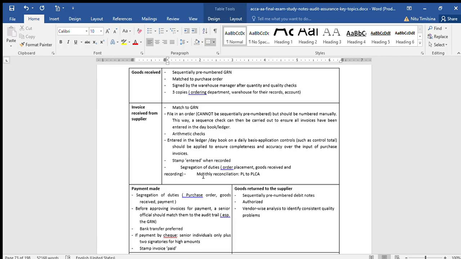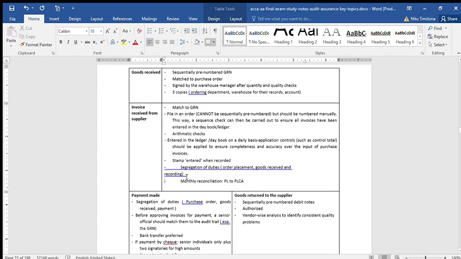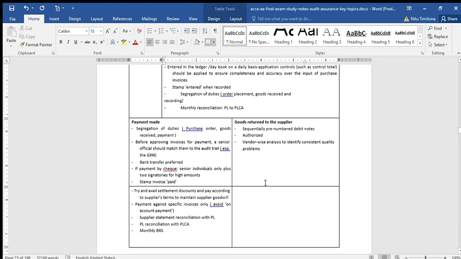And there should be monthly reconciliation of profit loss to PLCA. So payment made. Control on payment made could be segregation of duties on purchase order, good received note, good received, payment.